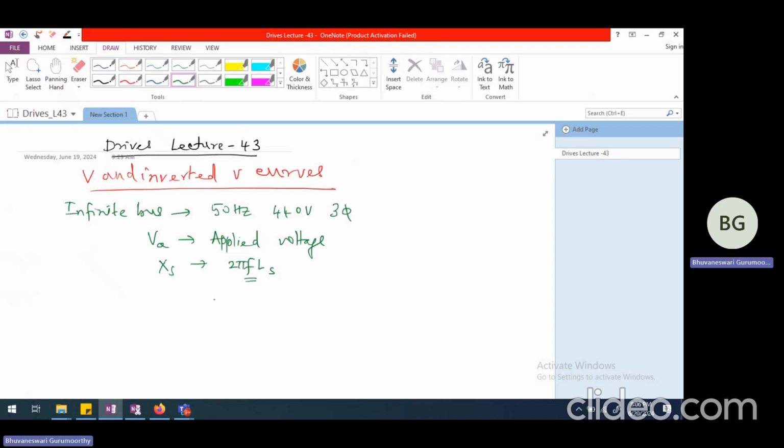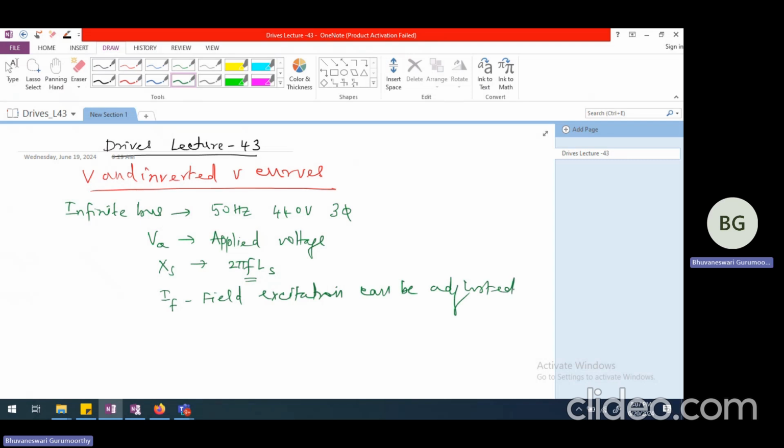Frequency being a constant, if at all we want to change something, we might have to change the field current or excitation. So field excitation can be adjusted in this particular case.